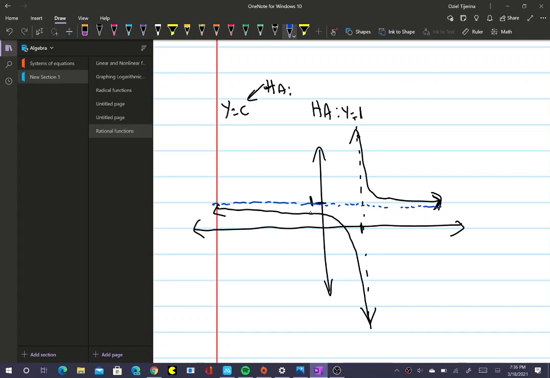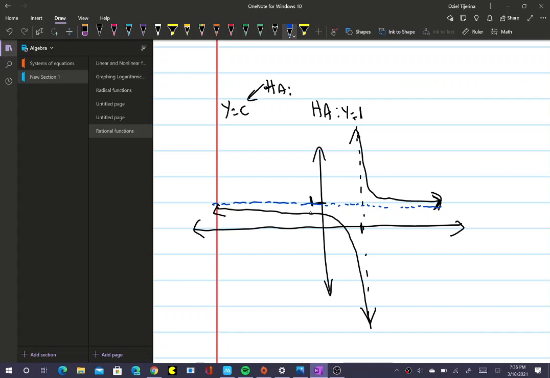The graph won't reach it; it'll get very, very close, but it won't reach it. Of course, once you get to calculus, the limit would be the horizontal asymptote, but we're not going to go into that right now.